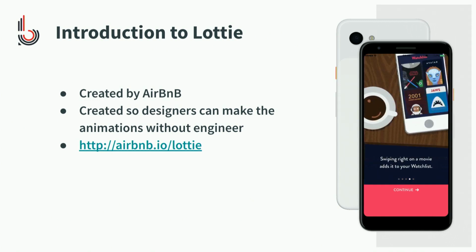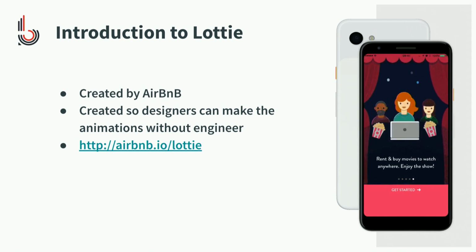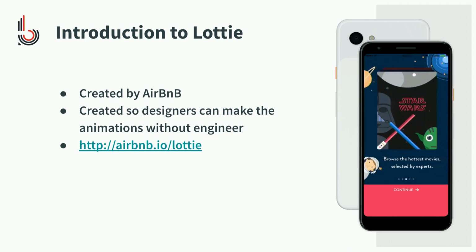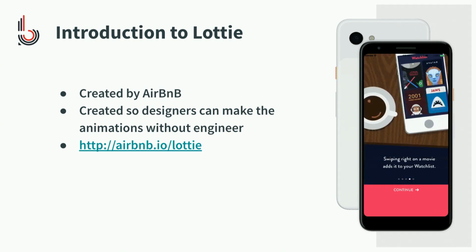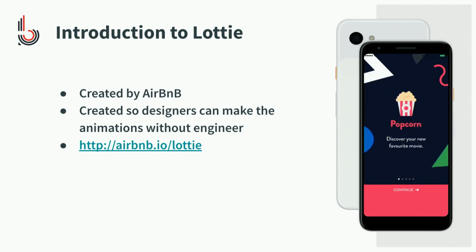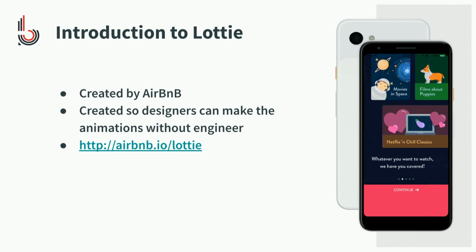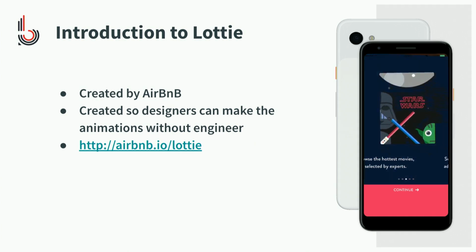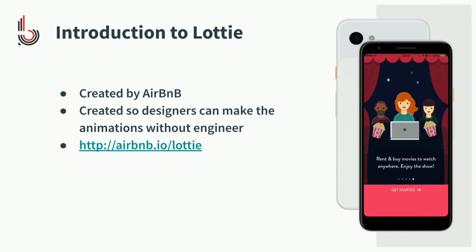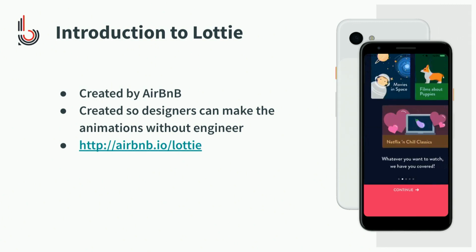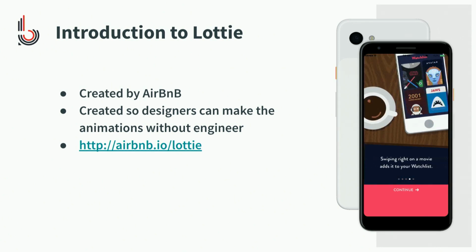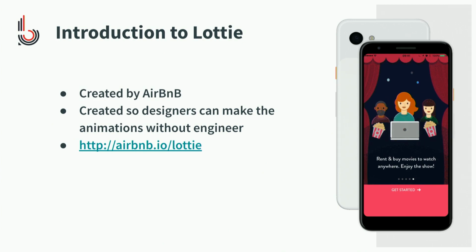By doing that, you can skip what the developer has to do for all those hours and let the designer do it in After Effects, which is the tool all the designers use. They use Photoshop or Sketch or whatever, and After Effects for animations. So they thought, what if we make something that can render that animation on a mobile platform or even the web? And that's where Lottie came in.